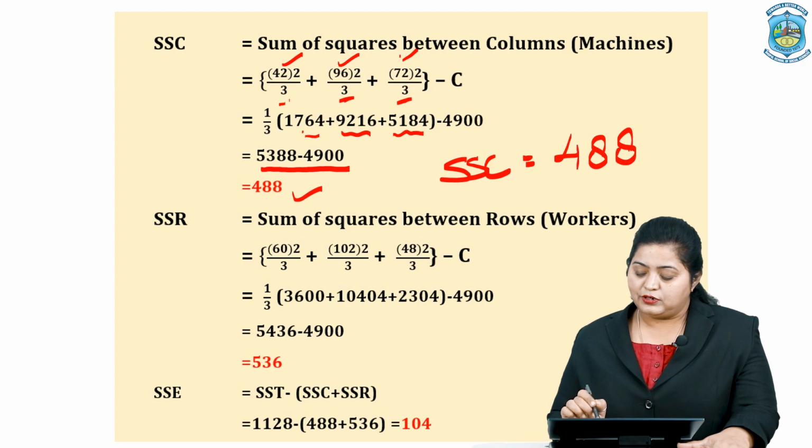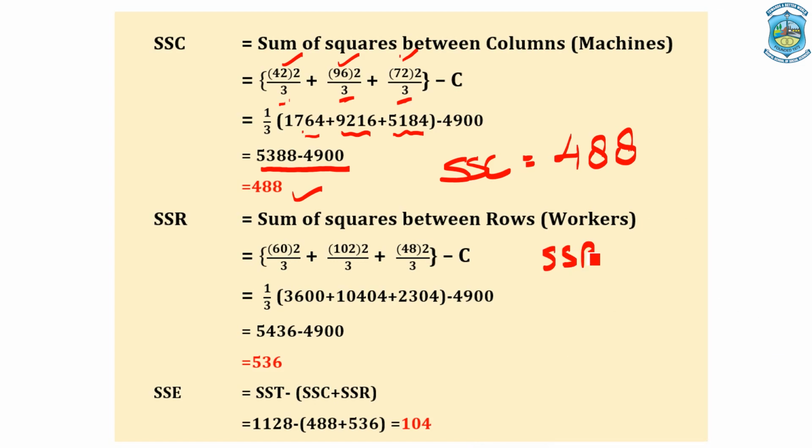Now the formula for SSR is the square of all the row values divided by the number of items in that particular row, minus C. C is your correction factor. So here SSR is 60 square divided by 3 and then 102 square divided by 3 and 48 square divided by 3, minus correction factor, where 3 is the number of items in each row.